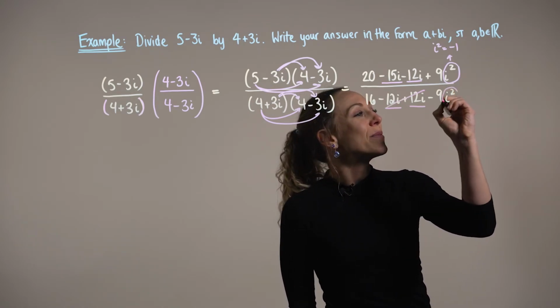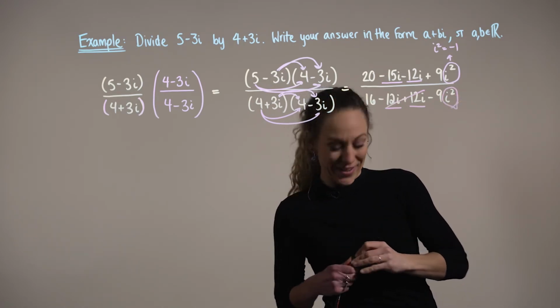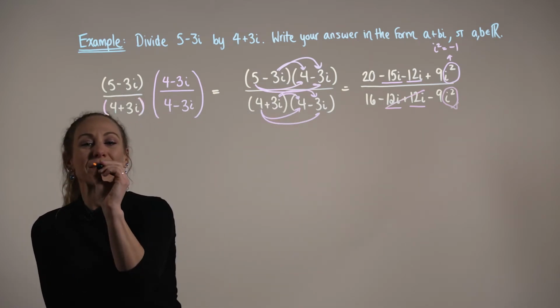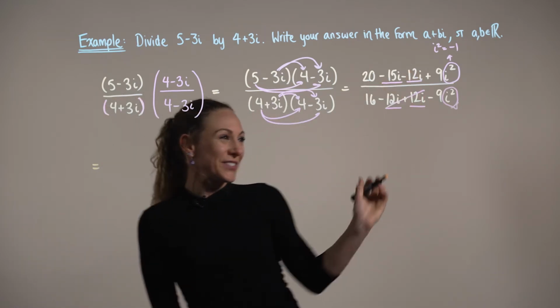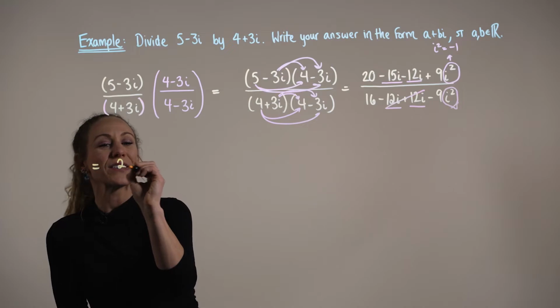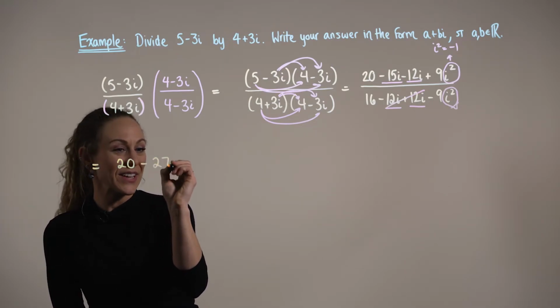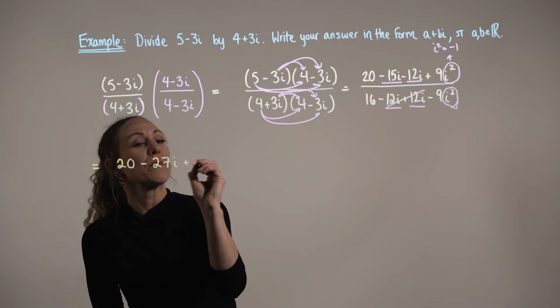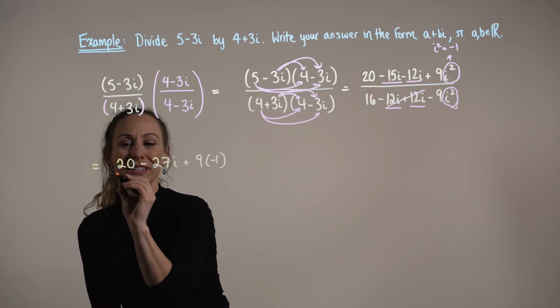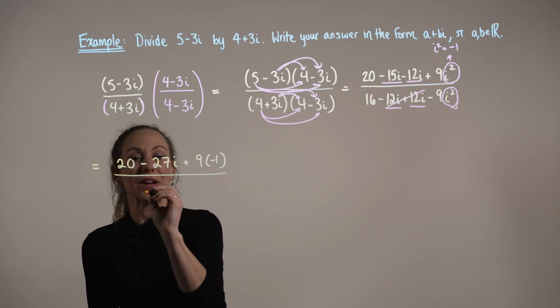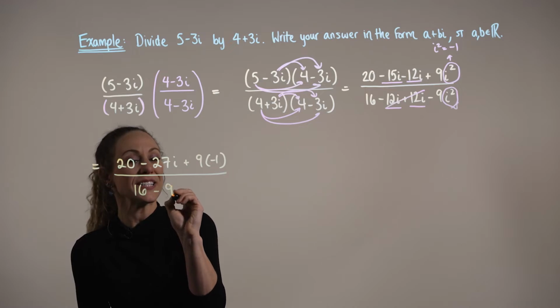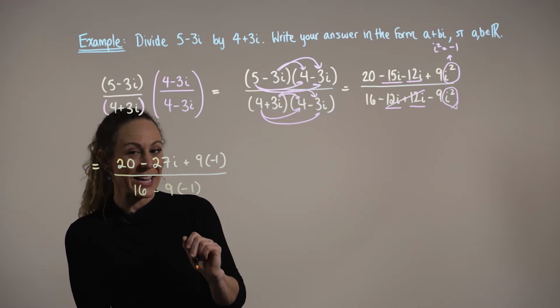And again, we see that we have our i squared term. So simplifying the numerator, again, we can combine -15 and -12 to give us 20 minus 27i plus 9 multiplied by -1. And in the denominator, we are left with 16 minus 9 multiplied by -1.